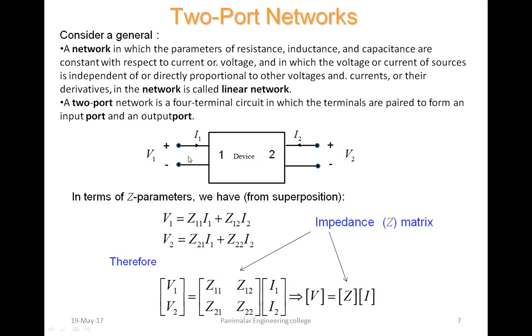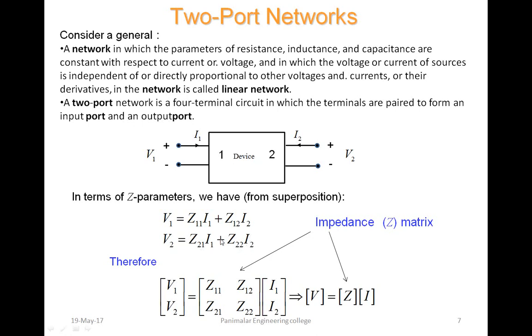Z11 is the impedance at port 1. Z12 is the impedance at port 1 due to the contribution of port 2. I1 is the port 1 current, I2 is the port 2 current. And V2 is the voltage at port 2, which is written as Z21 into I1 plus Z22 into I2.